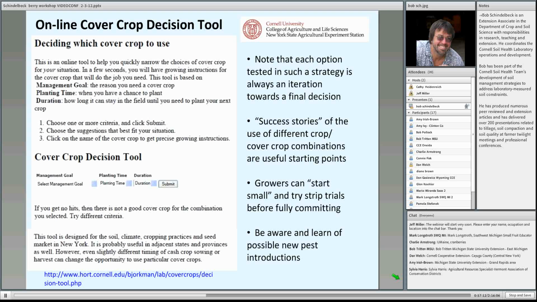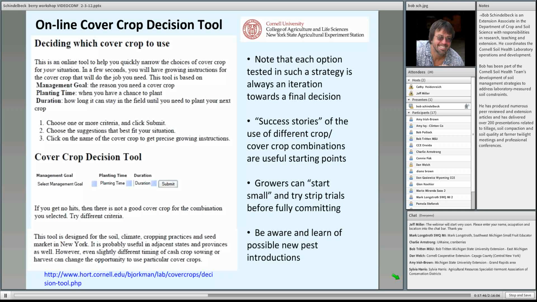So from that last slide, if we're really looking to affect one particular aspect of our soil very powerfully, we could type that in here, and then the decision tool would also ask us, well, when is your window? How long is it open? And then it would give you different options of cover crops that fit that need.